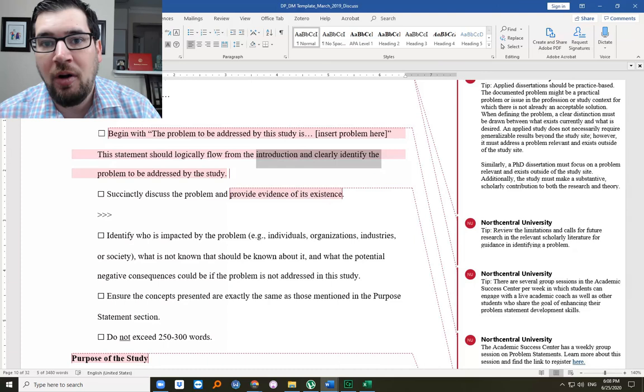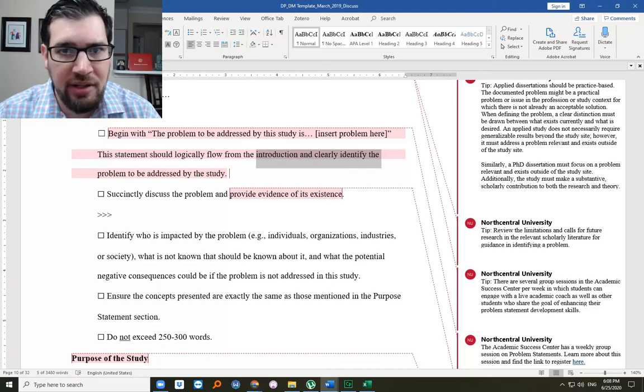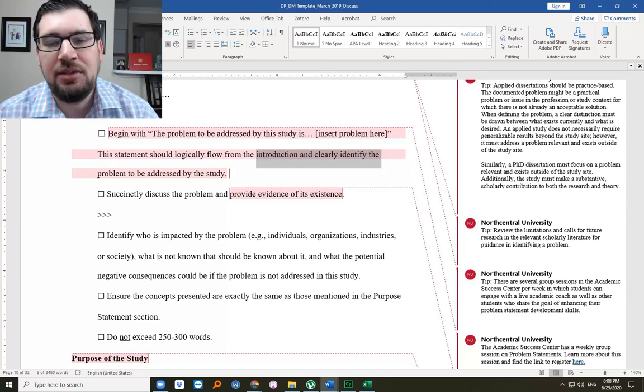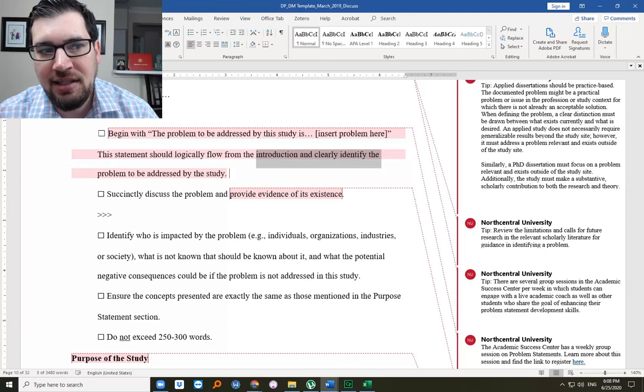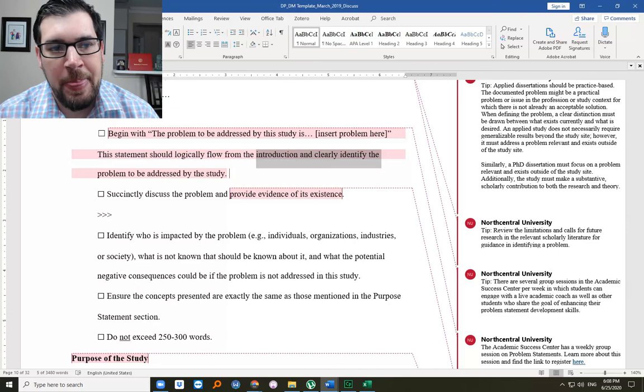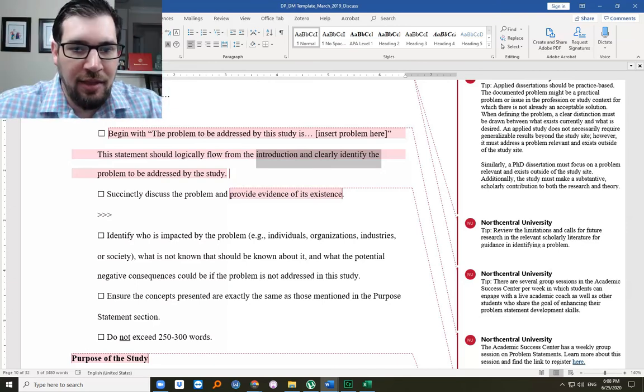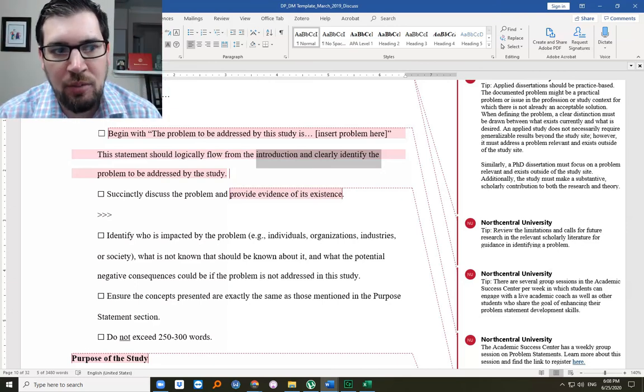But going for the whole neighborhood, this whole area is a broken down area in need of repair. Are you going to focus on repairing all the houses at once? Not for your dissertation. So you don't want to go that wide in your problem statement.